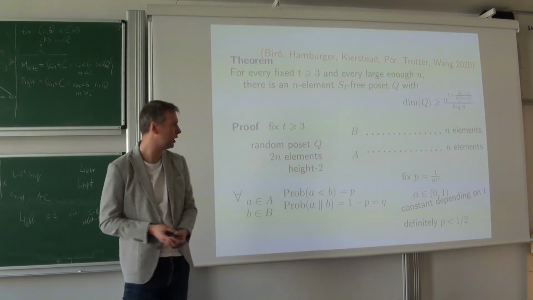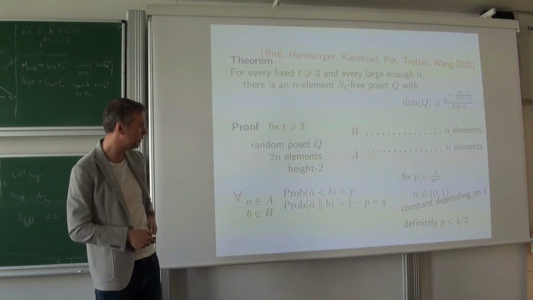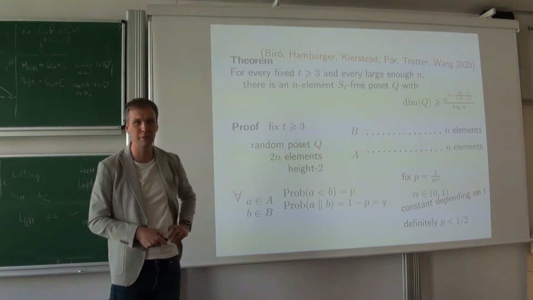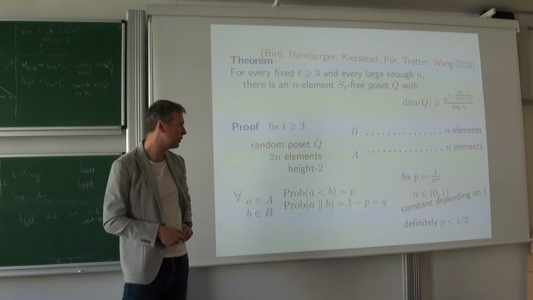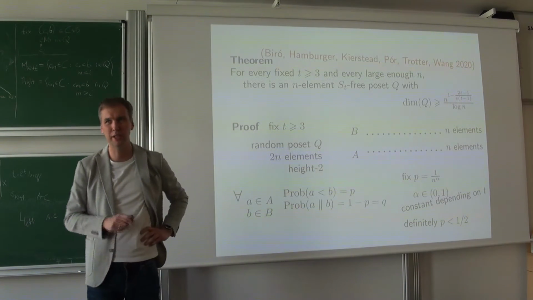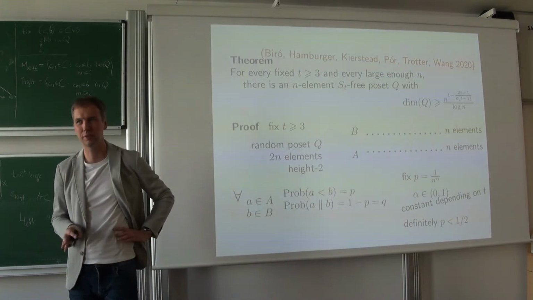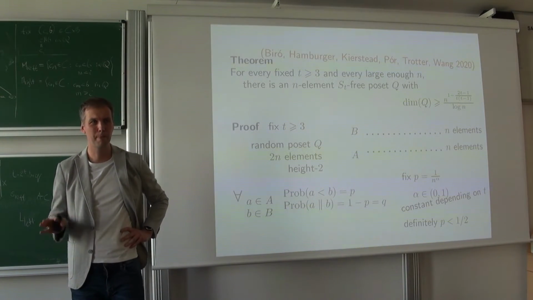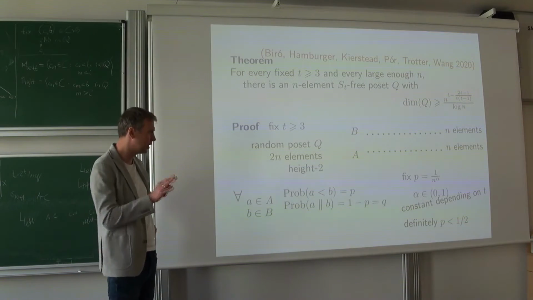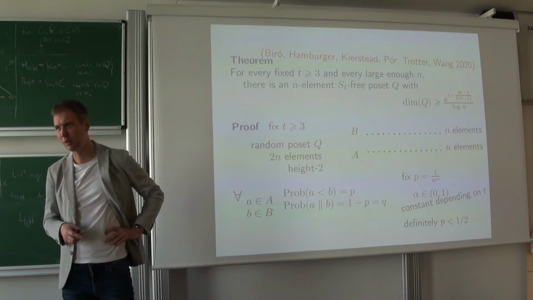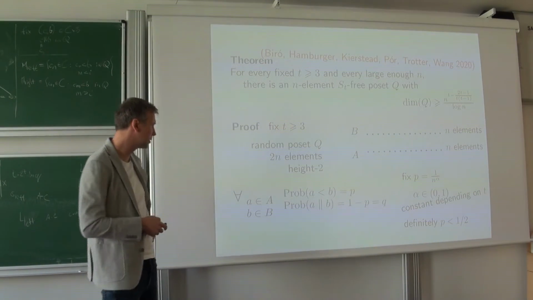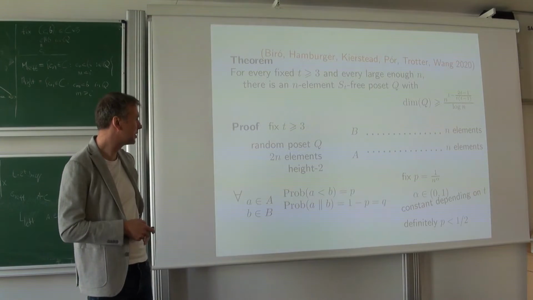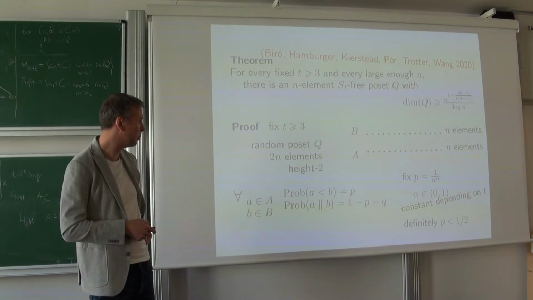I just tell you that p will be something like 1 over n to the alpha. Alpha will be some healthy constant between 0 and 1. So definitely p will be less than 1/2. This alpha just depends on t. Not so dirty a function. But that's the setup at the moment.